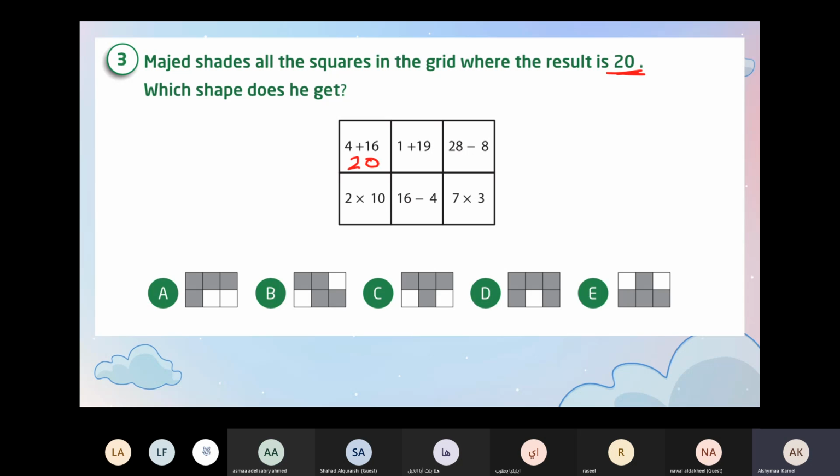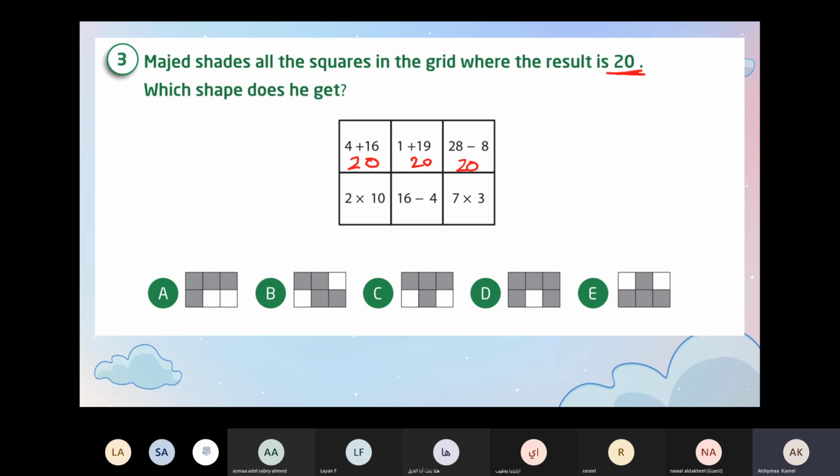Here we have 1 plus 19, 20. Okay, here also 20. Then 28 minus 8 equals 20, also 20.